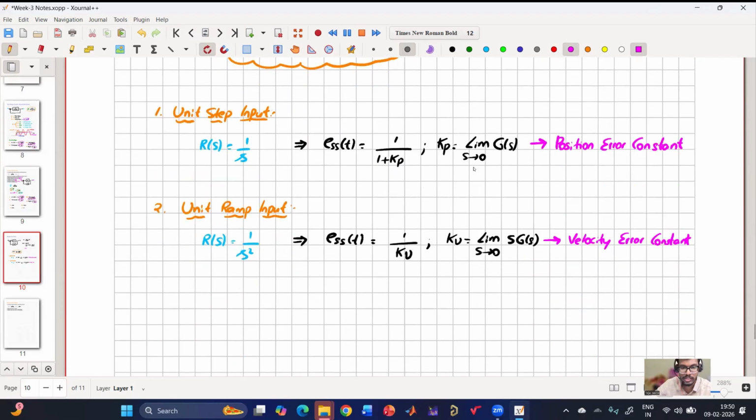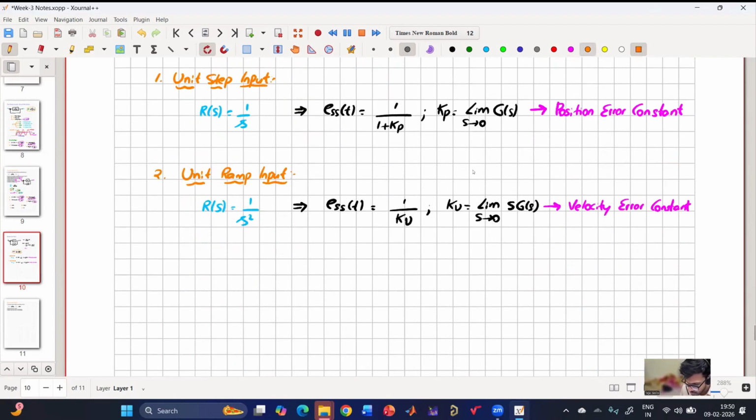Position, then velocity. Now let us consider unit parabolic input, which means R of s is 1 by s cube.